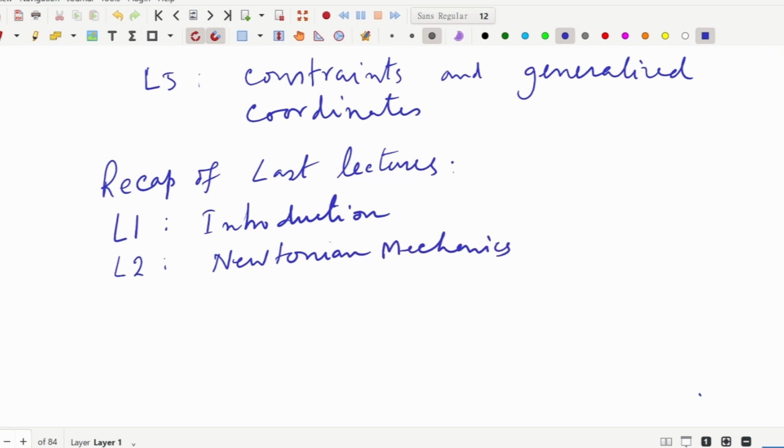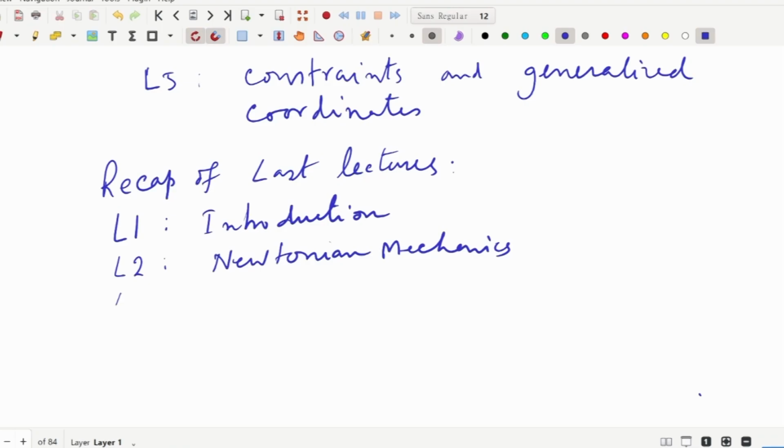Very briefly, we only mentioned Newton's laws of motion and how to calculate a classical system. A classical system means you have to find the position of the system. System means it consists of one particle or many particles. So for each and every particle, you have to find the position for all time. You find that by solving the second order differential equation as given by Newton's second law.